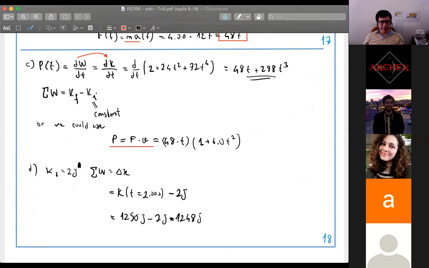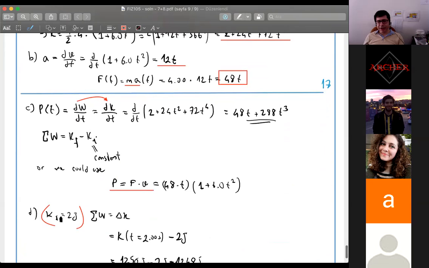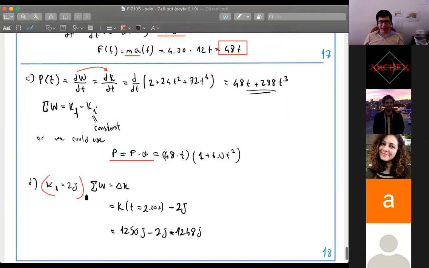Okay. This is forgotten, okay, in the question part here. It should be actually here. Initial kinetic energy of this object is 2 joules, okay? Then the final kinetic energy is the kinetic energy of the object at t equals 2 seconds minus this initial one, okay?